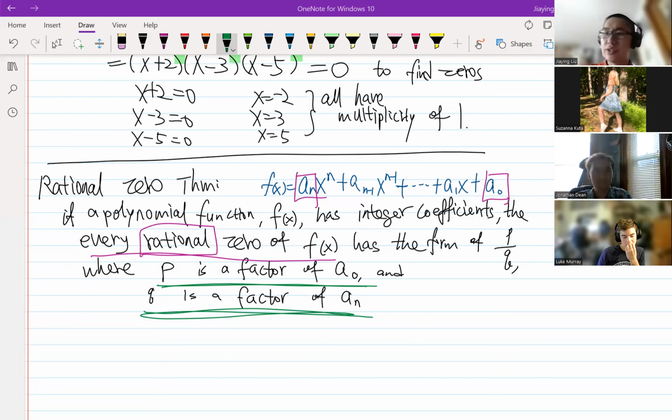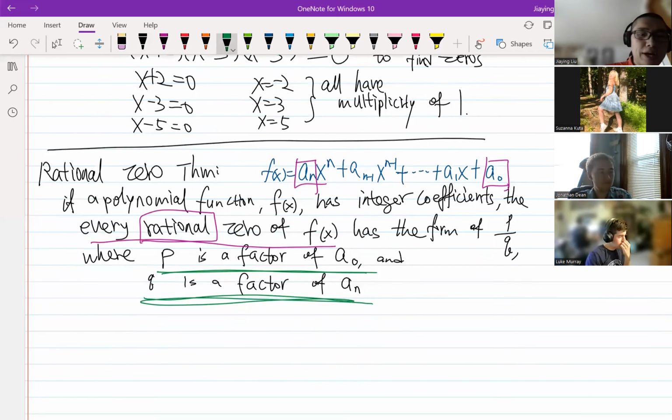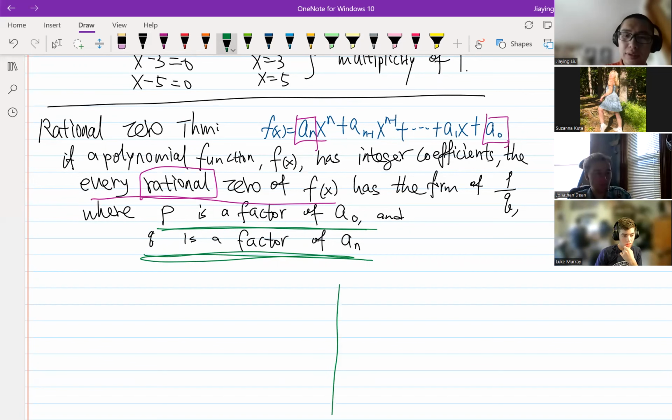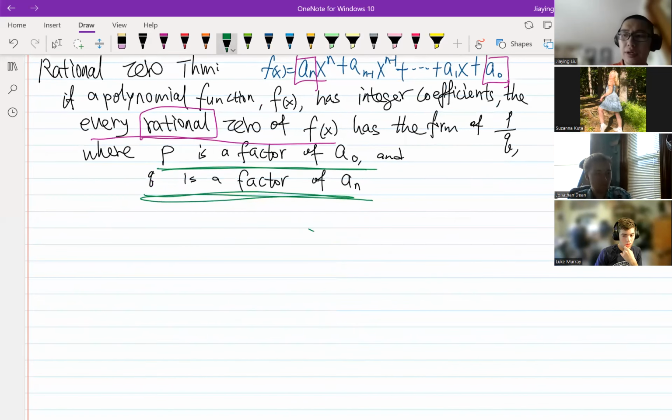But anyway, let's use this theorem to work with the example. I'm going to draw a line here. I'm going to put the example on the left side, and I'm going to put the steps on the right side.